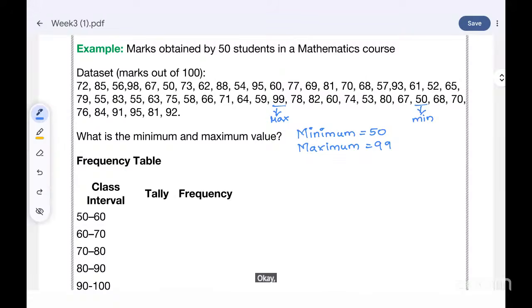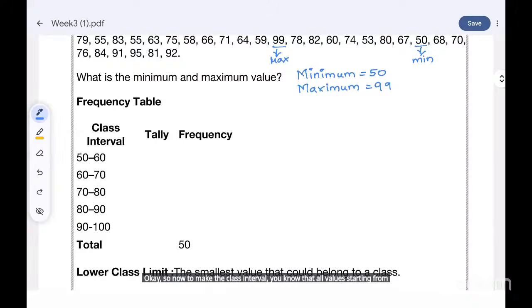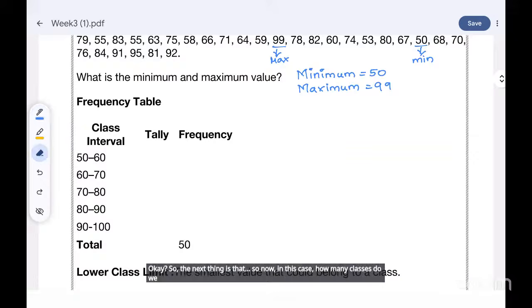Now to make the class intervals, all values starting from 50 should be there and all values till 99 should be there. So the class intervals should cover all the values between 50 and 99. That is the first thing you observe. The next thing is, how many classes do we have? 5.